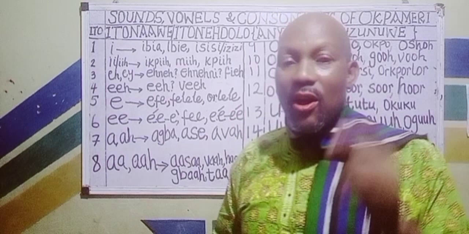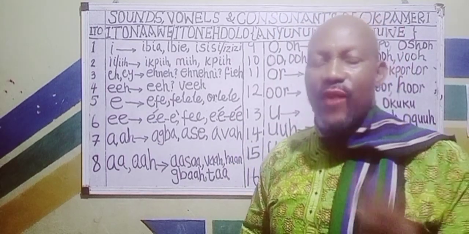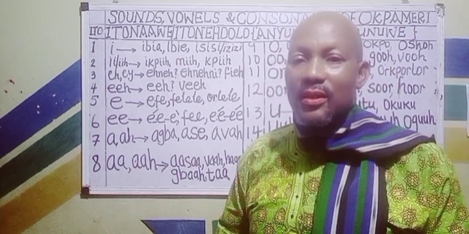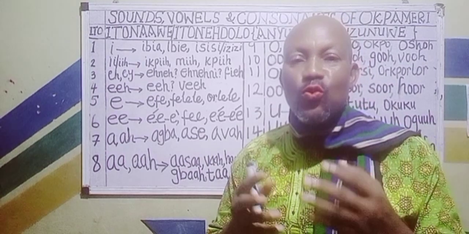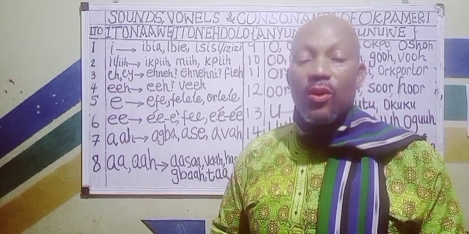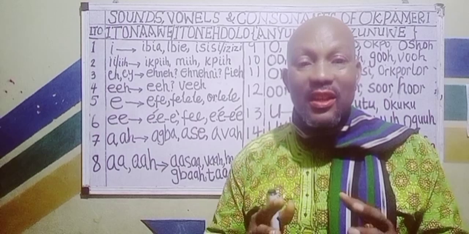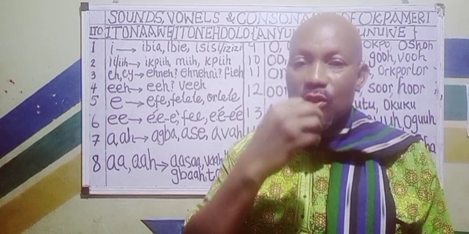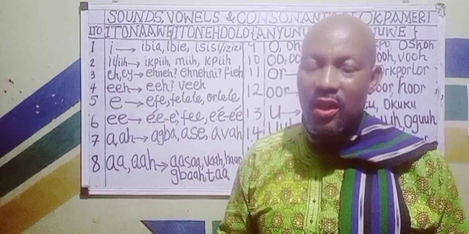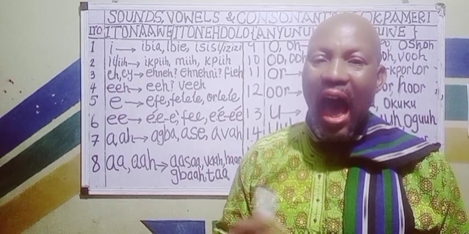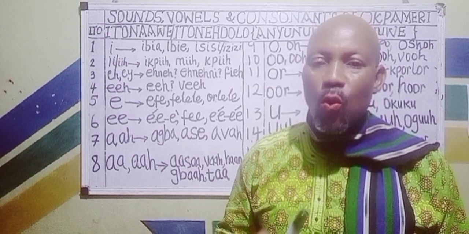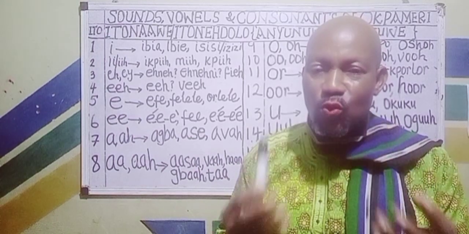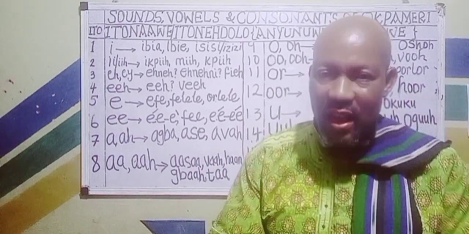Then our coinage for vowel is anyunuwe, because vowel is defined in English as any sound that you open your mouth to articulate. A good example is when we say a, e, o, or anyunuwe, because once you open your mouth, you say it like that.